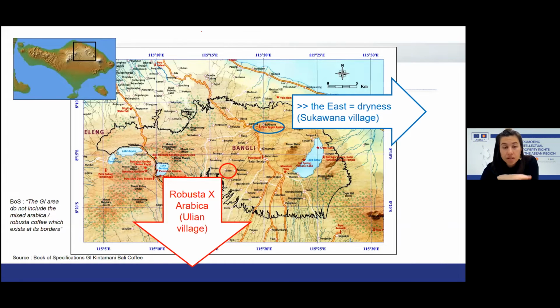That was not included. It's not very visible on the map, but you can see the details. Then you will be out of the GI area very quickly. So the areas where the production systems are combining Robusta and Arabica coffee are not included in the GI area.